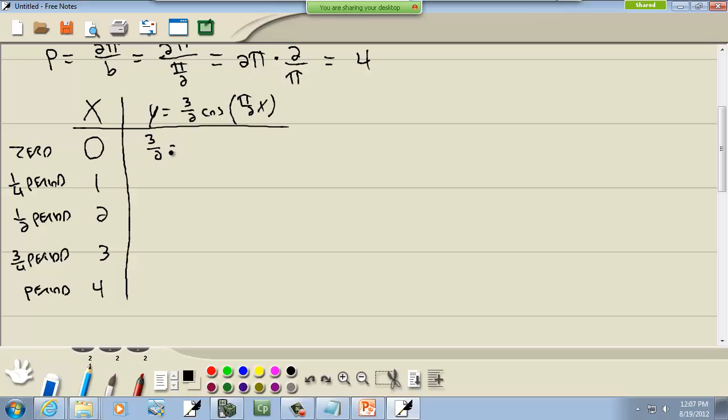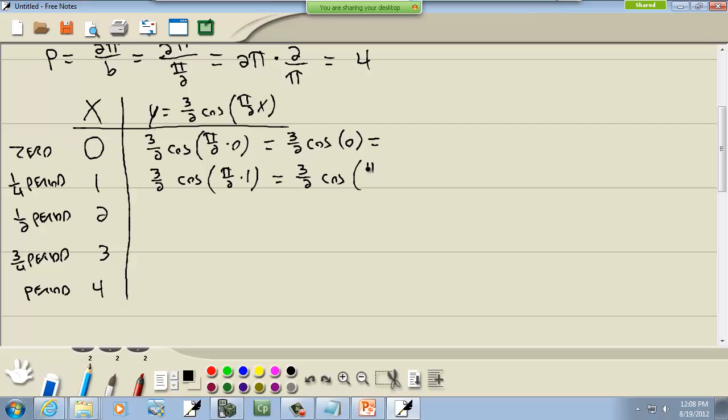So we got 3 halves cosine of pi over 2 times 0, which gives us 3 halves cosine of 0. This one will be 3 halves cosine of pi over 2 times 1, which gives us 3 halves cosine of pi over 2.